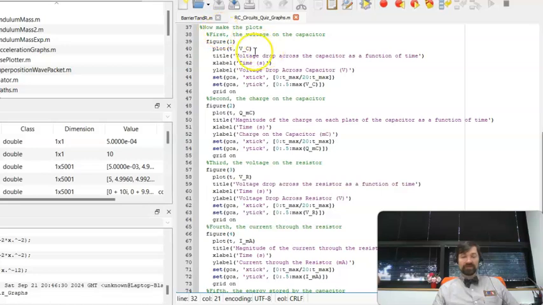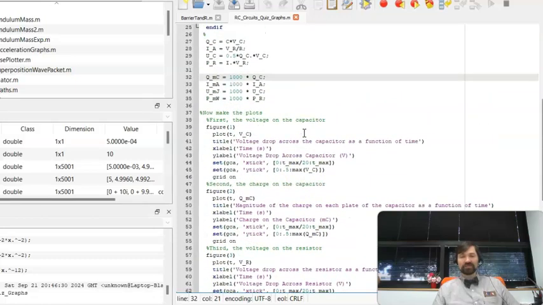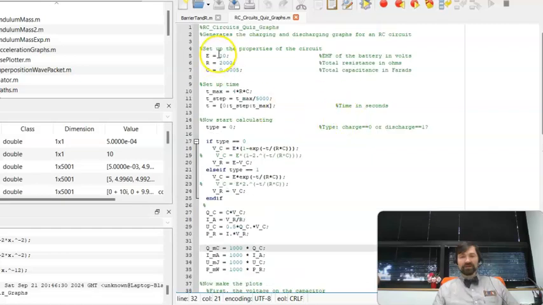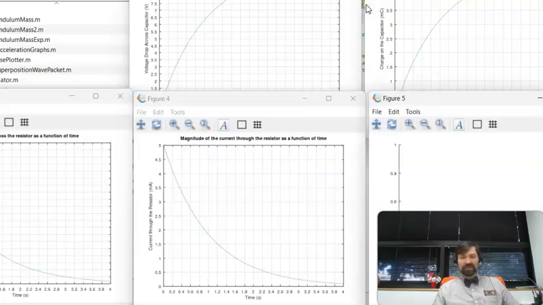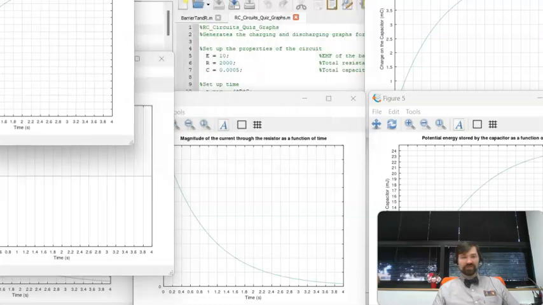The next part of the code is just telling it to plot all these things it's calculated, and there are up to 6 plots that can be generated. Right now it's set up as type 0, and I can run it, and it generates these figures for me.